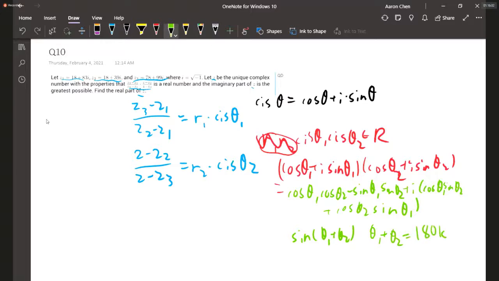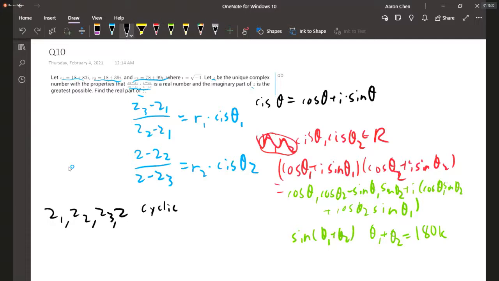And so what this means is basically that the complex numbers that correspond to z1, z2, z3, z form a cyclic quadrilateral. We're trying to maximize the imaginary part of z, and so it must lie on the top of the circumcircle.